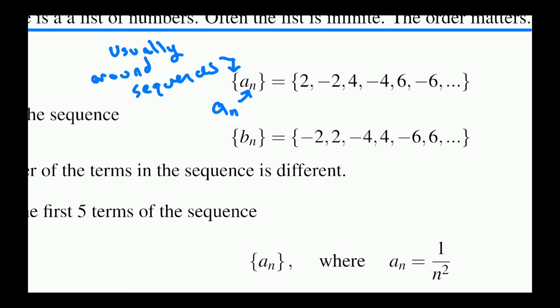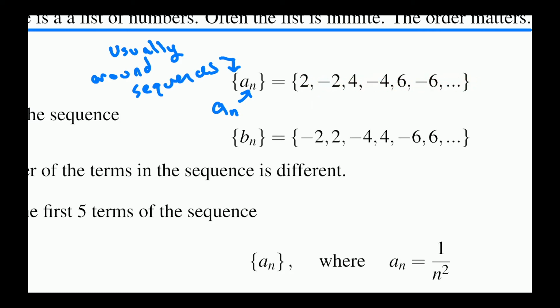Now, the reason we do it that way, like a_n, is because once you're looking at the list of terms, which in this case is 2, then -2, then 4, then -4, then 6, then -6, you want to be able to refer to them individually.